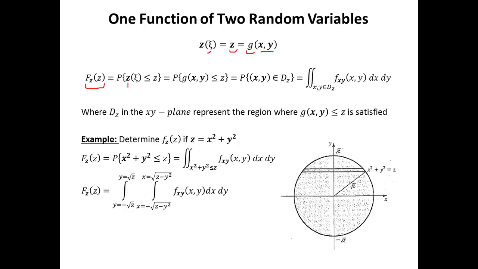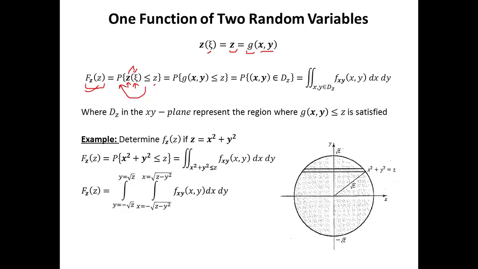This Z is the random variable, this zeta is the outcome, so we are assigning a number to each possible outcome, and if the number assigned to each possible outcome of an event is less than or equal to a particular value z, and we find the probability of this event, then that will be called the CDF of that random variable, F_Z(z).